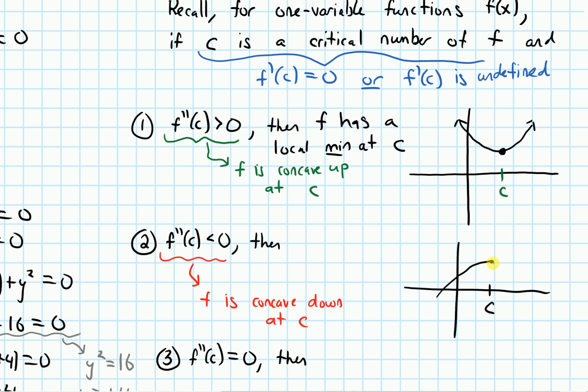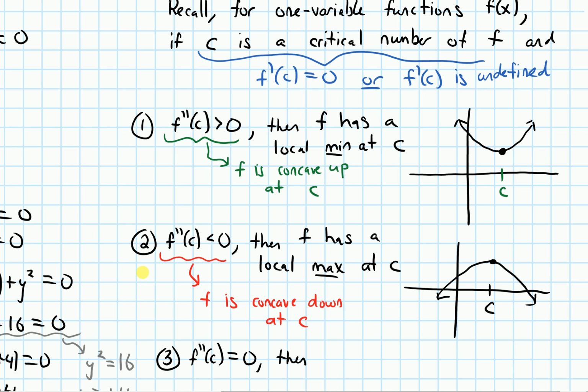It's got to be concave down at this critical number. And I can see that that corresponds to a local max. So f has a local max at c.